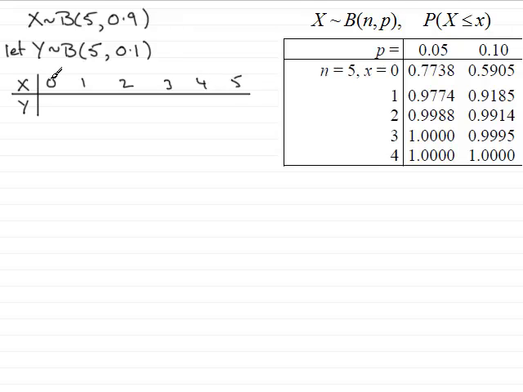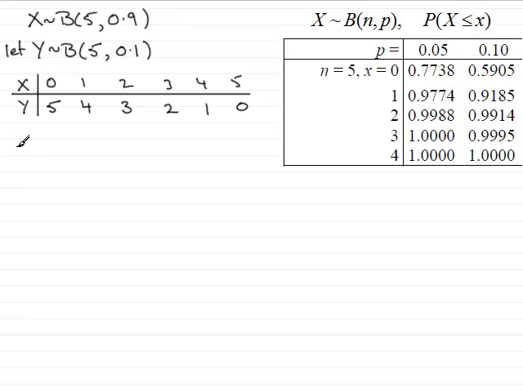Now suppose we had no successes, then there must have been 5 failures, and since y represents the number of failures, this would be equivalent to y being equal to 5. Similarly, if x was 1 success, there must have been 4 failures, so y would have been 4. And so on. For 2 successes, y would have been 3, and then we would have 2, 1 and 0.